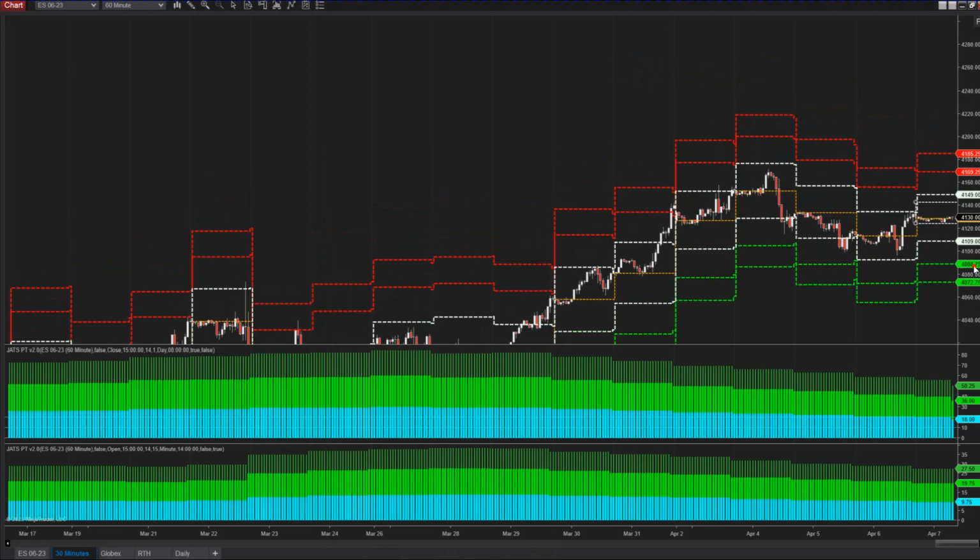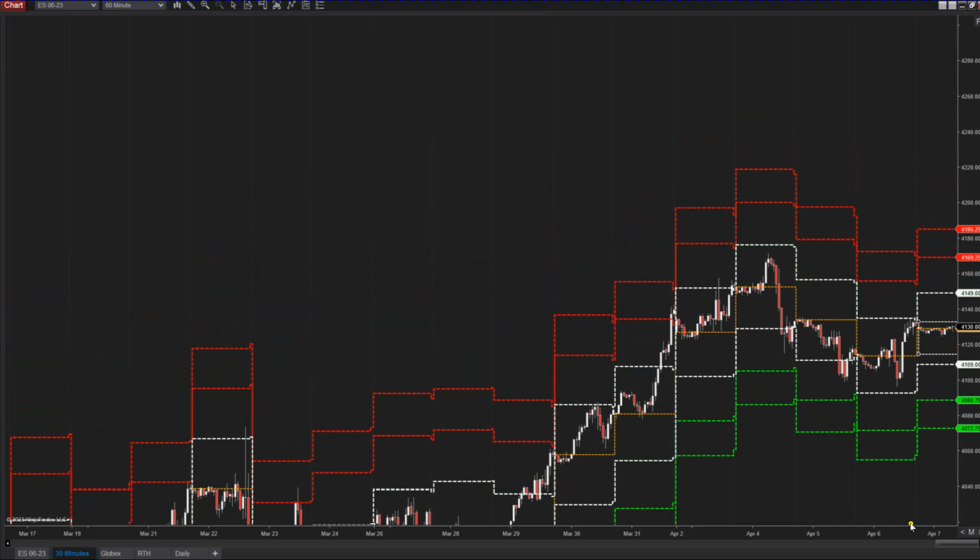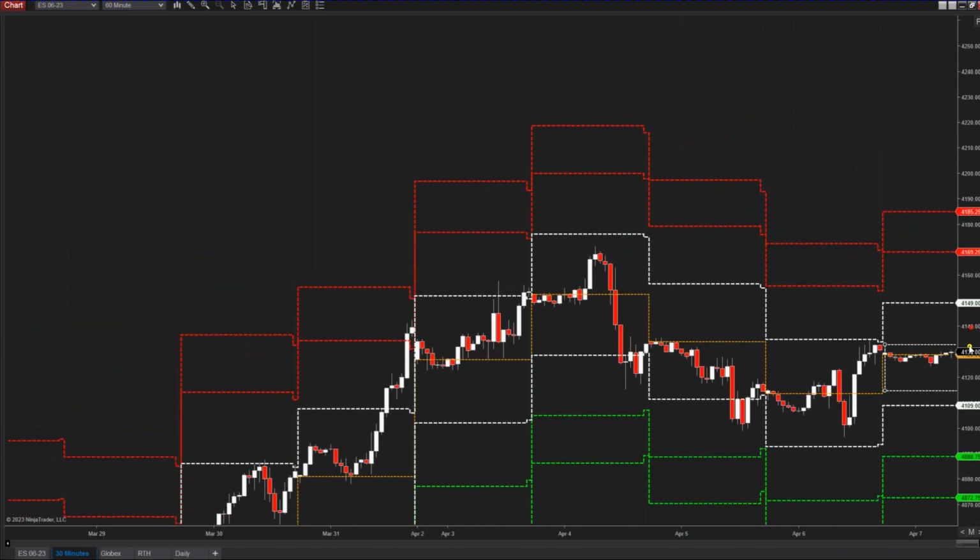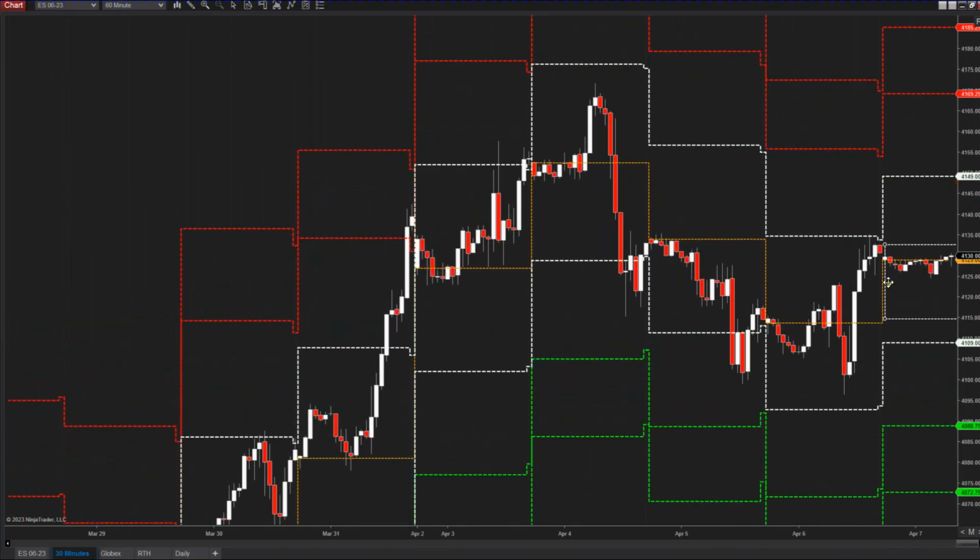I could put it on the low or the high. So I could run it from the current high right there, and then copy and paste another version of it and move it from the current low. So there would be my trade box of the current range that I'm expecting for low volatility.